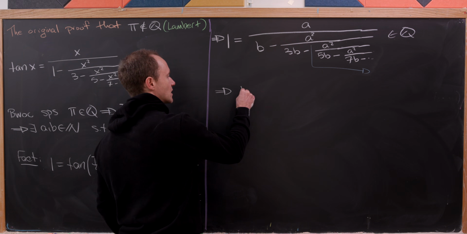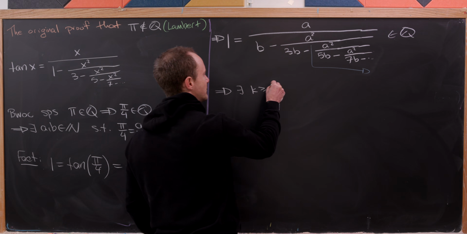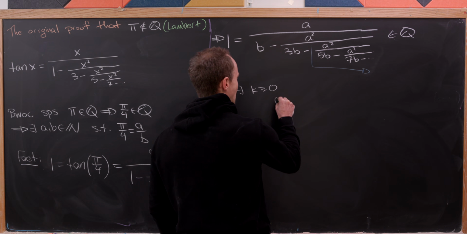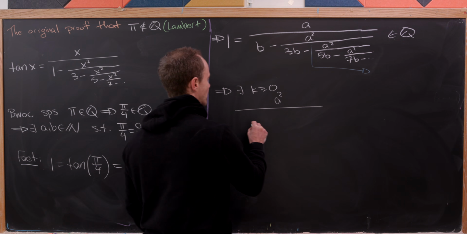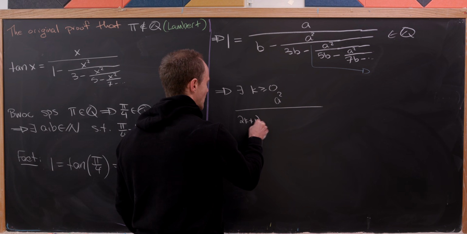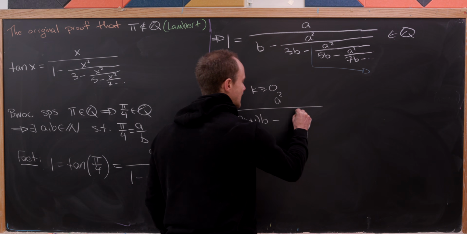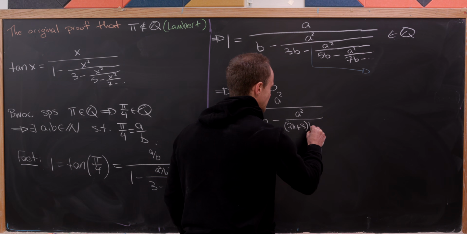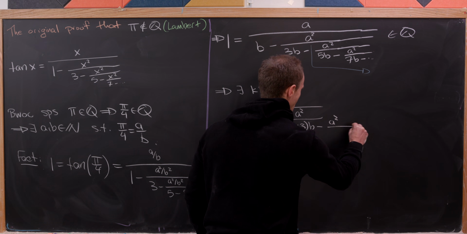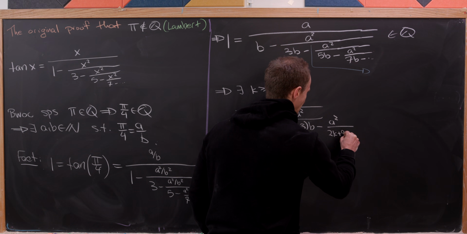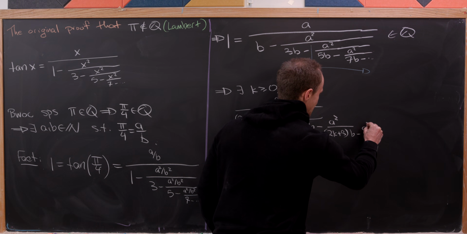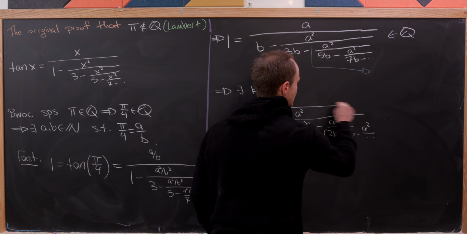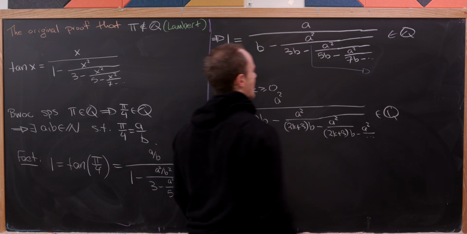So in other words, for all k bigger than or equal to 0, we have a squared over 2k plus 1 times b minus a squared over 2k plus 3 times b minus a squared over 2k plus 5 times b minus a squared over so on and so forth. That must also be rational.